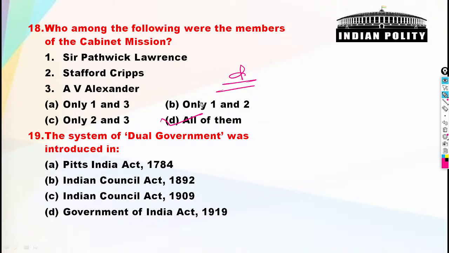Now, the system of dual government was introduced in 1784, if you remember.